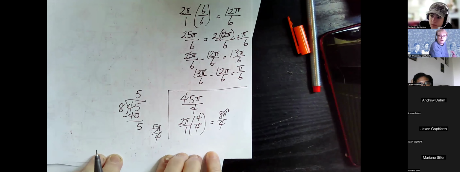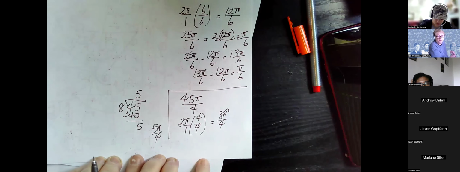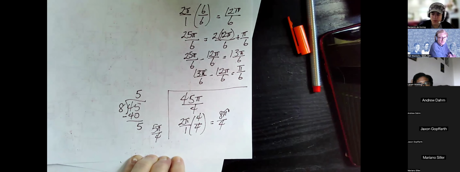Is 5 pi over 4 bigger than pi or smaller than pi? Bigger than pi. Well, it's close to pi, right? So it's on the bigger side, so it's going to be which quadrant? The third quadrant?